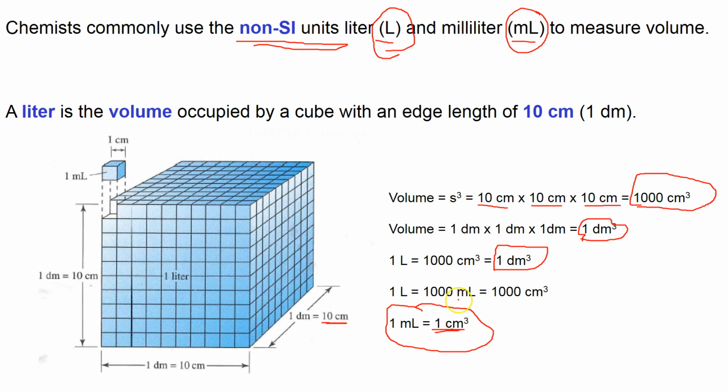In reality, we most commonly measure volume in milliliters, but it's important to recognize that 1 milliliter is exactly the same size as 1 centimeter cubed. So whether you say milliliters or whether you say centimeters cubed, it's really up to you.